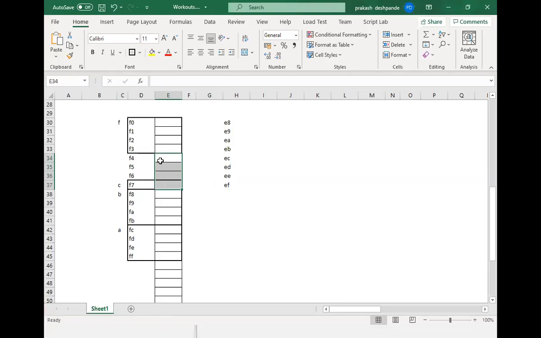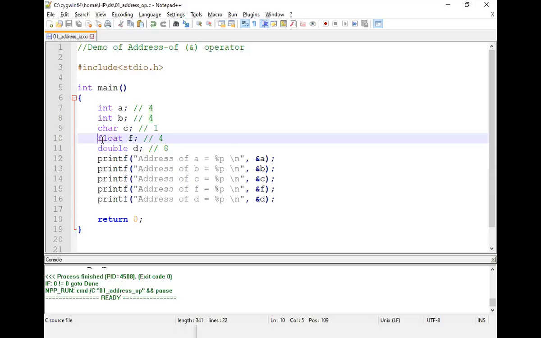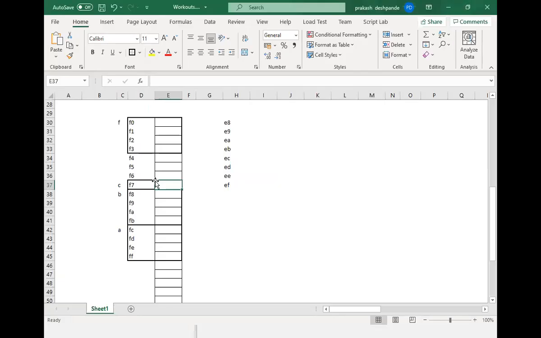We usually call them parity bytes or parity bits. I think you have come across parity bits in computer fundamentals. Yes, sir. Right? So similar to that concept, when it requires only 1 byte for C, it leaves those 3 bytes. And for the next variable, if I declare after C, it will not take the previous 4 bytes.